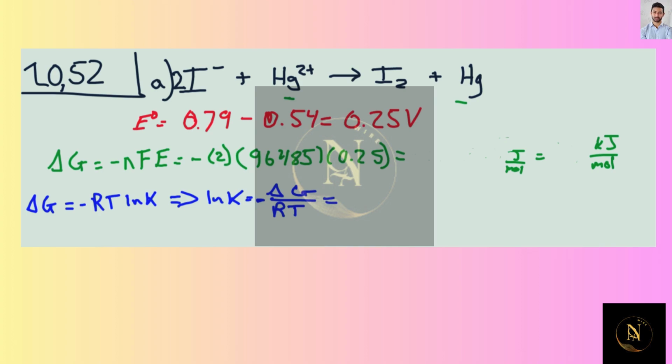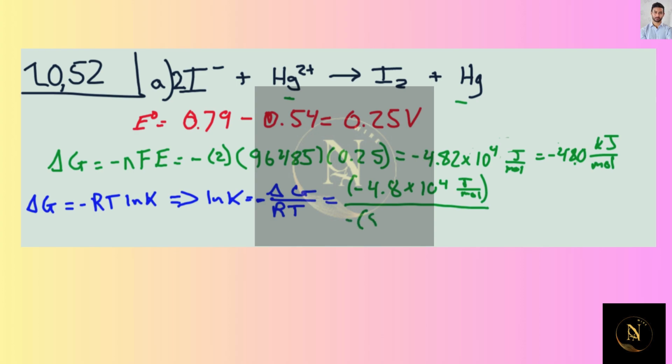So the delta G for part A is negative 4.82 times 10 to the 4th, which is negative 48.2 kilojoules per mole. So here for delta G we have negative 4.8 times 10 to the 4th joules per mole divided by RT.